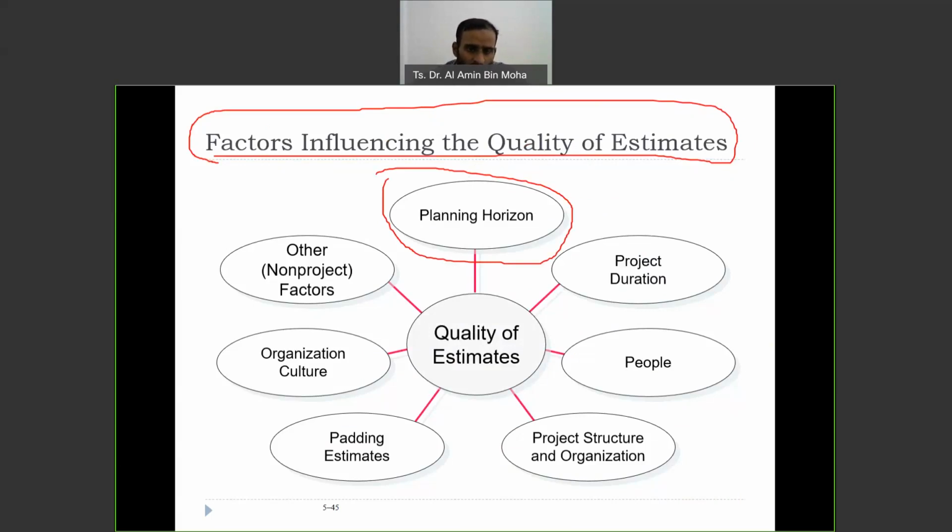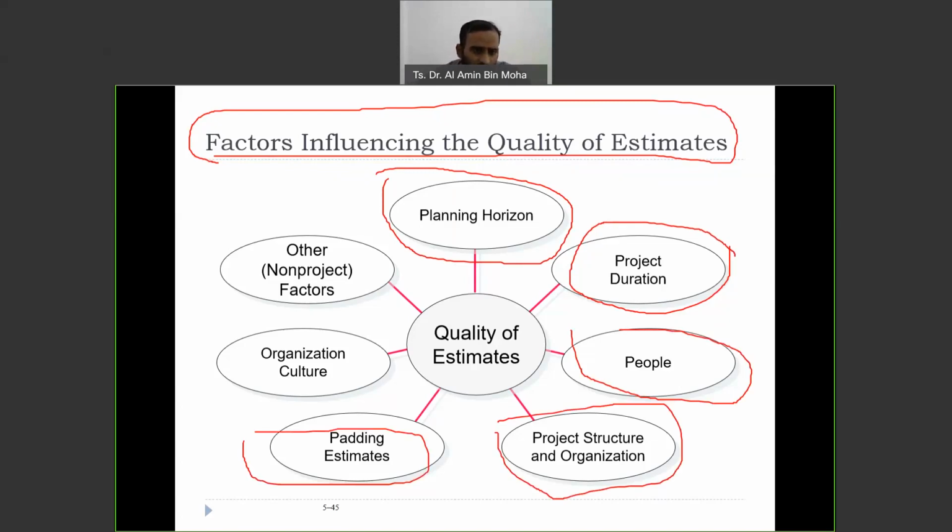The longer the project, maybe the more uncertainty in the quality, right? But if it's just a 1 day, 2 day, or 1 week project, maybe we can have more focused and specific estimates. People involved, project structure, organization, the culture of the organization, and many other factors. That's fine.